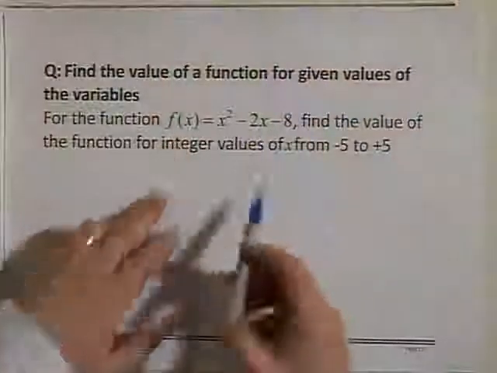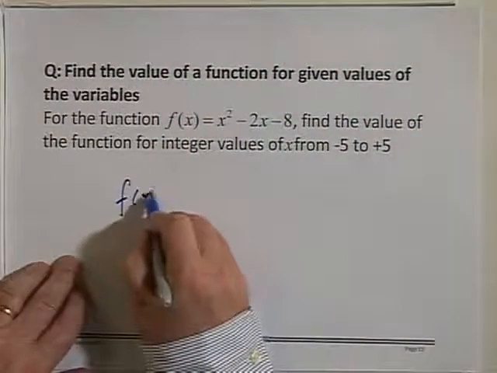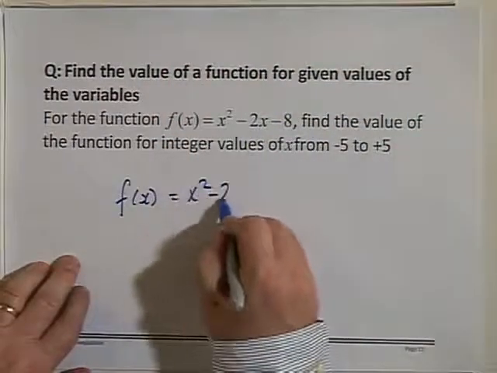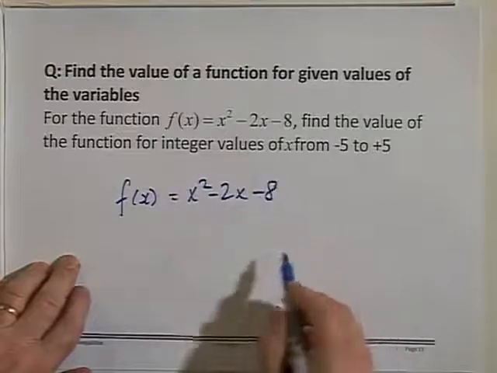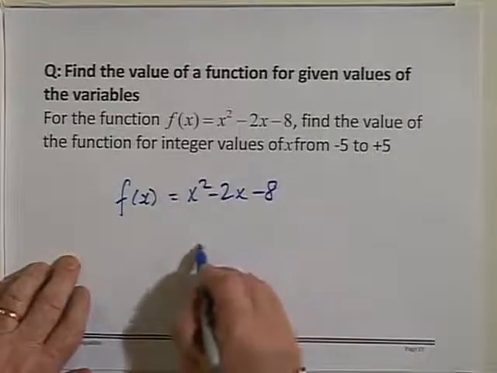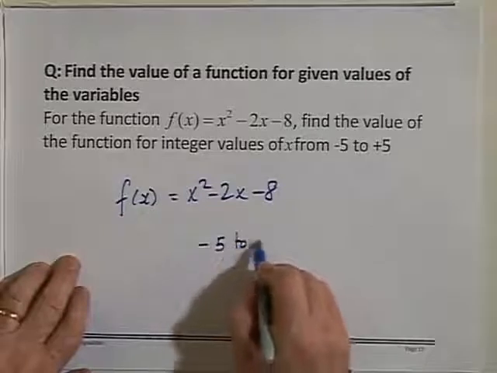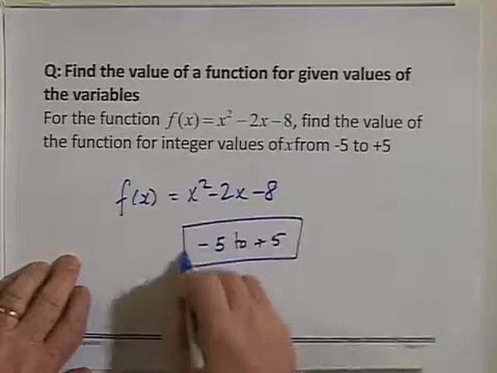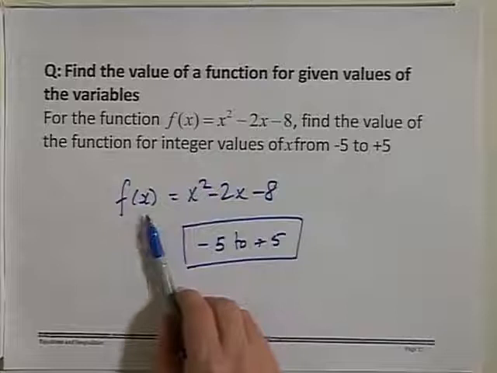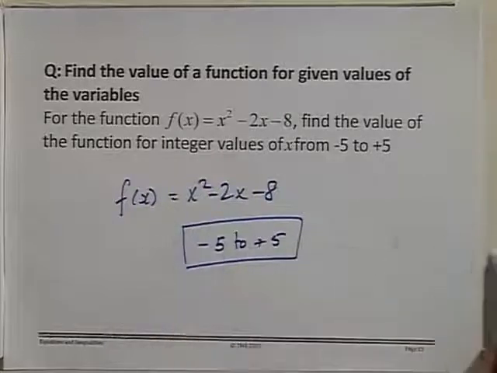So for the function f(x) equals x squared minus 2x minus 8, find the value of the integer values of x from minus 5 to plus 5. When we're drawing graphs, by the way, we've only got paper, so we've only got 2 dimensions.